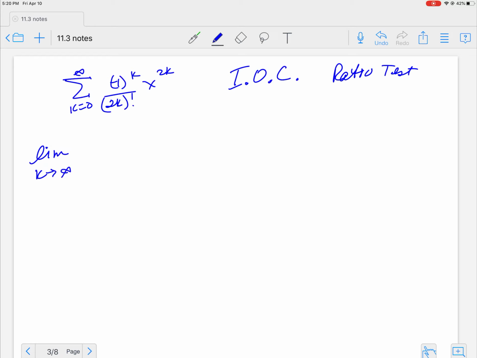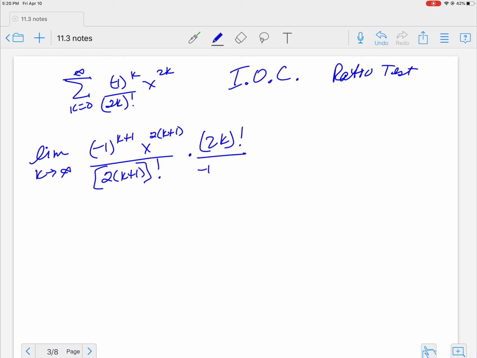I have my limit as k approaches infinity with my ratio test of negative 1 to the k plus 1, x to the 2 times the quantity k plus 1, over 2 times k plus 1 factorial, times 2k factorial over negative 1 to the k and x to the 2k. Here's what I want to point out: you are only plugging the k plus 1 in for the actual k value.